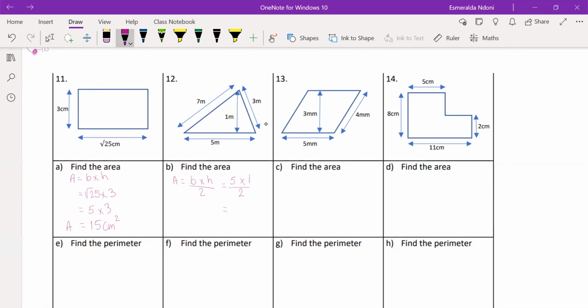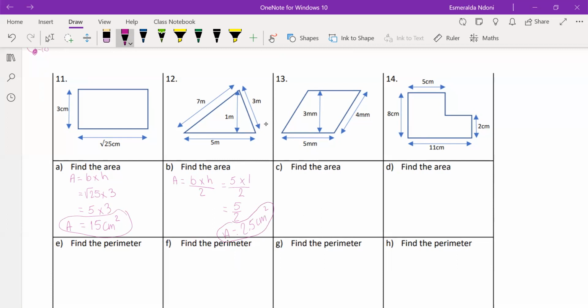All you have to do now is work it out. 5 times 1 is 5, divided by 2. So half of 5 is 2.5 centimeters squared. That's the area of this triangle. I'm just going to write that. That's my answer. Nice and simple.